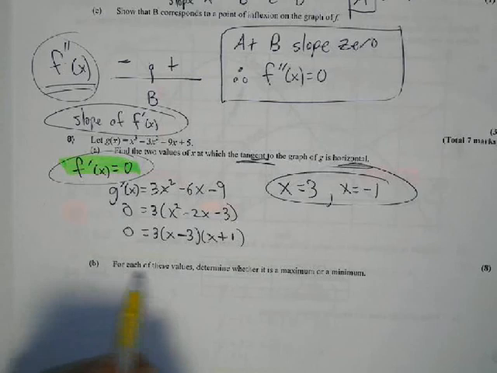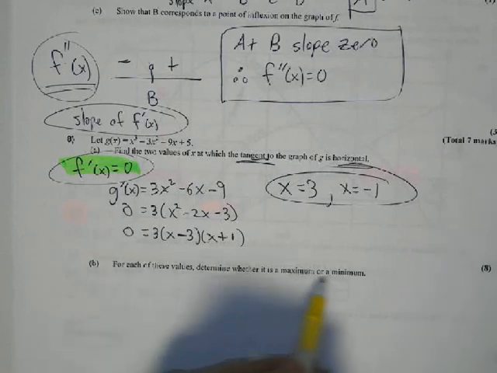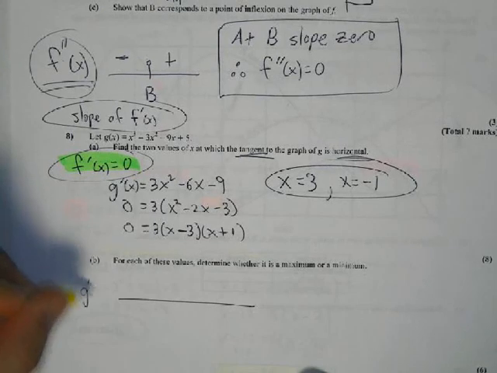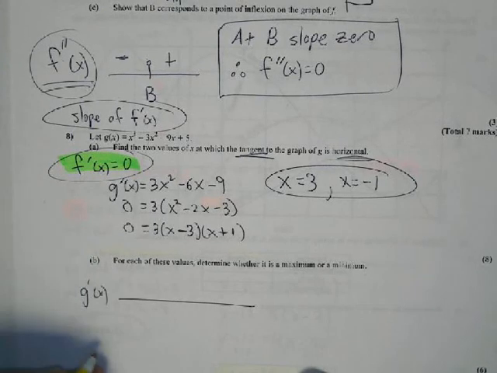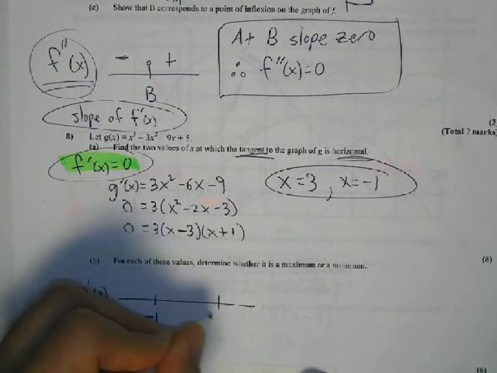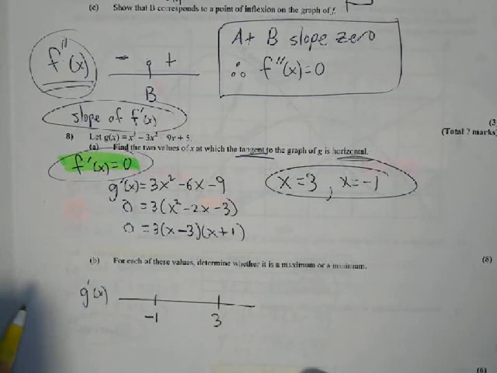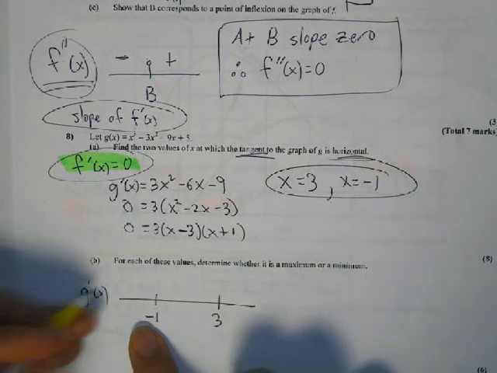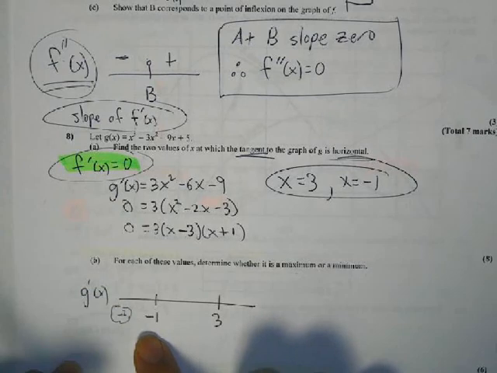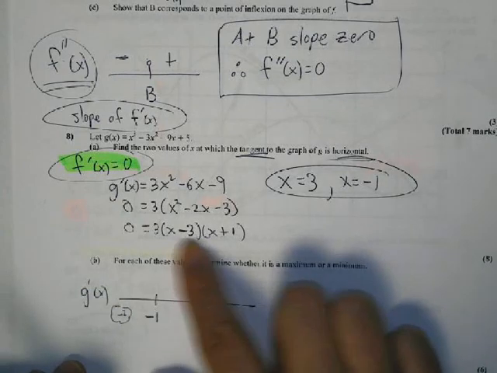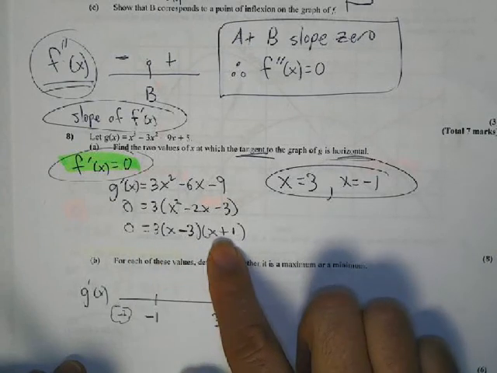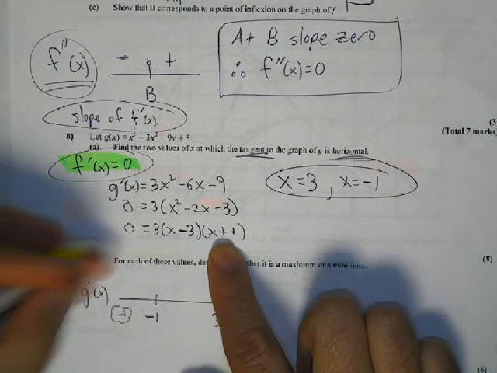For each of these values, determine whether it is a minimum or a maximum. So let's do a sign diagram of the derivative. We know something happens at negative 1 and something happens at 3. If I plug in something smaller like negative 2, I have a negative times a negative, so positive times a negative gives me a positive value.